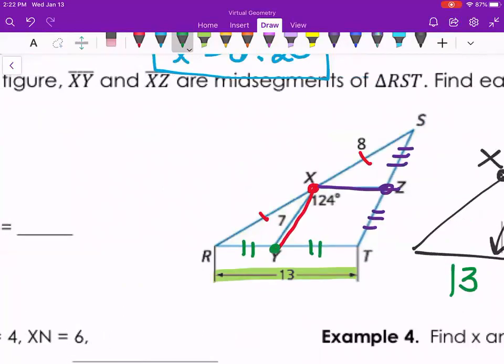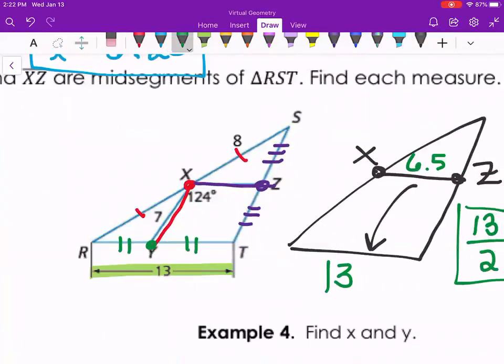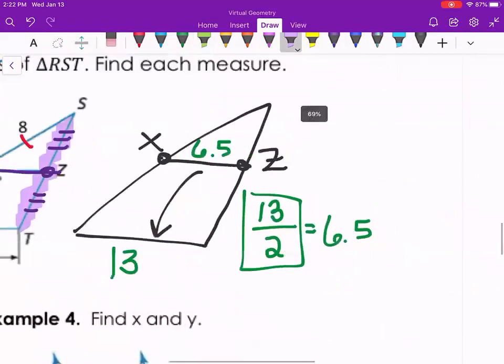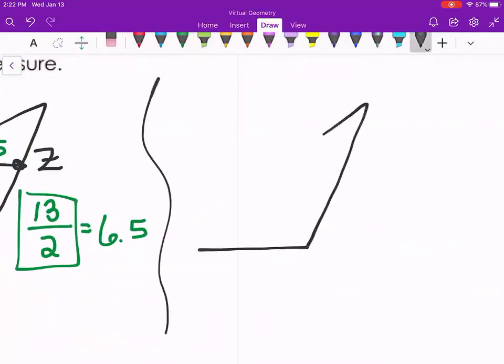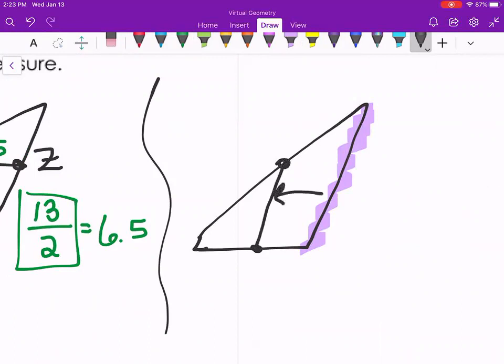All right, now we need S to T. So S to T is this whole entire side of our triangle. So again, think if I redrew that. I need this whole entire side. So I want to see if I have the mid segment that would accompany it, because I need to look to that mid segment to see what that entire length could be.